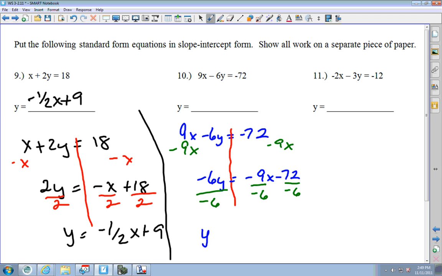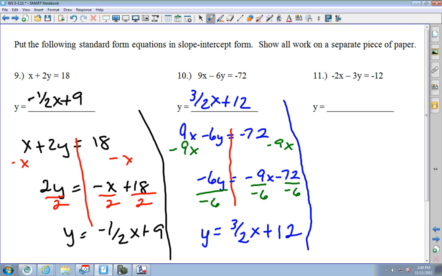If you take negative 9 divided by negative 6 and reduce it, you're going to get 3/2 x plus, what is that? 12. So I have 3/2 x plus 12.